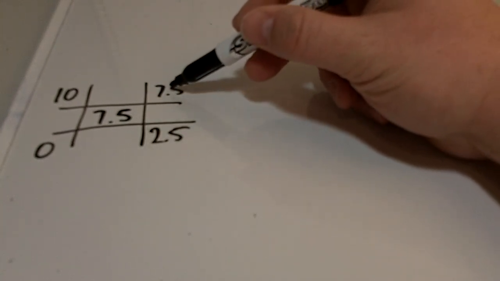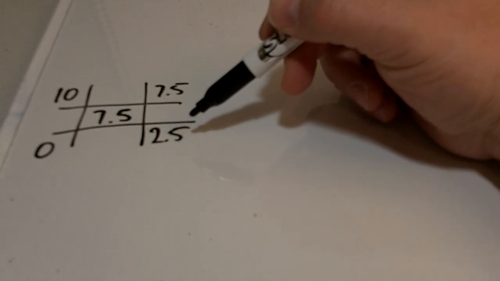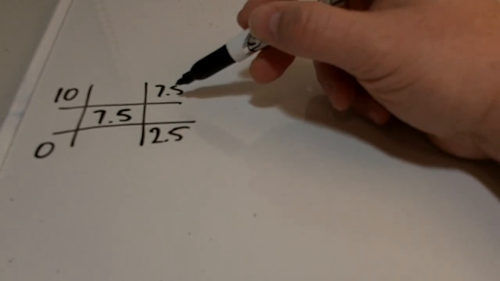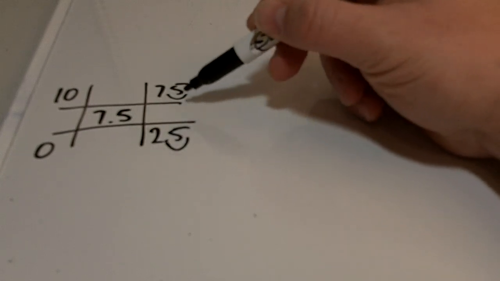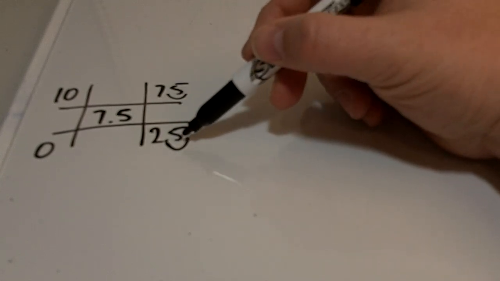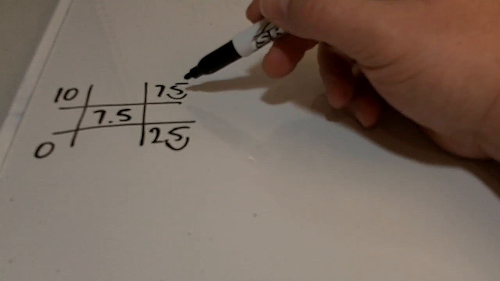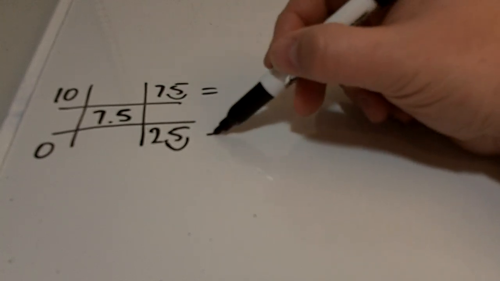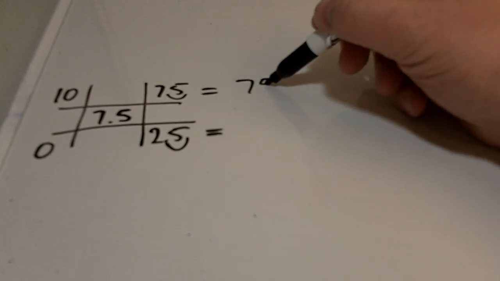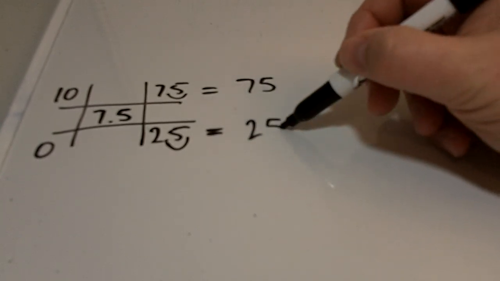So 7.5 and 2.5 in my head are really round numbers, and I'll show you what I mean. If I wanted to move the decimal over this way, as long as I do it on the top and the bottom, that's okay, because essentially we're just multiplying both by 10. And so what that does is it gives me 75/25.